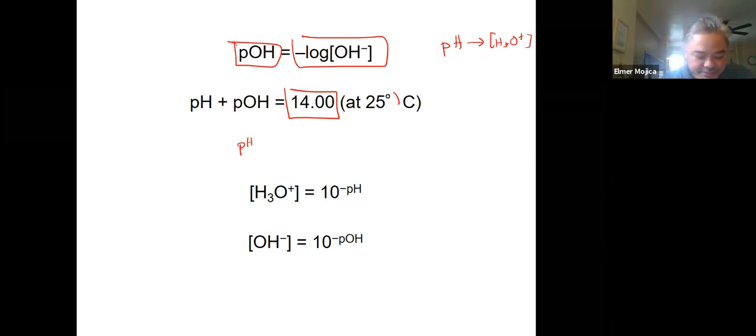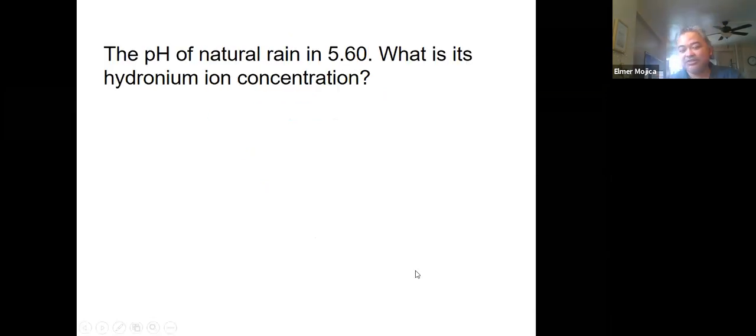So let's try to solve a problem like this one. These are the calculation problems that I would like you to be sure points in your exam. The pH of natural rain is 5.60. What is its hydronium ion concentration?